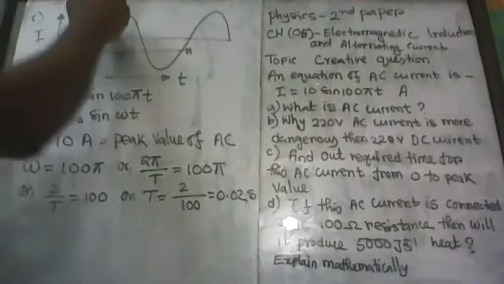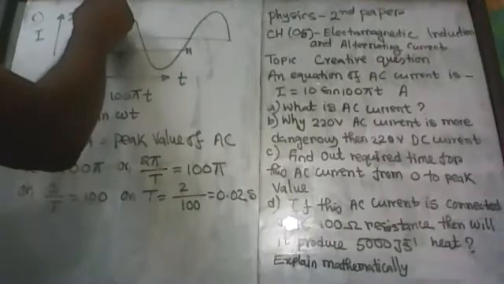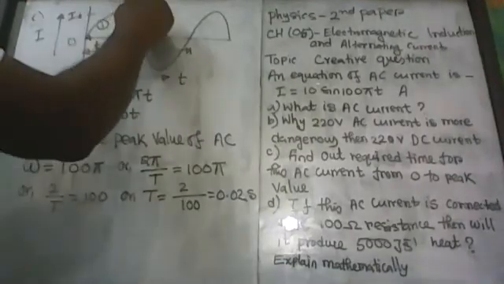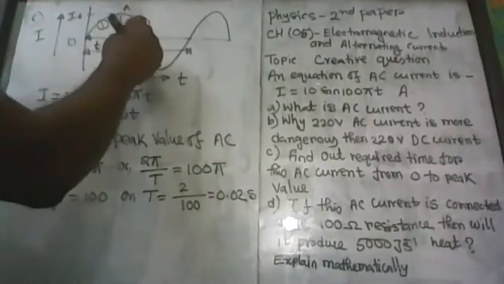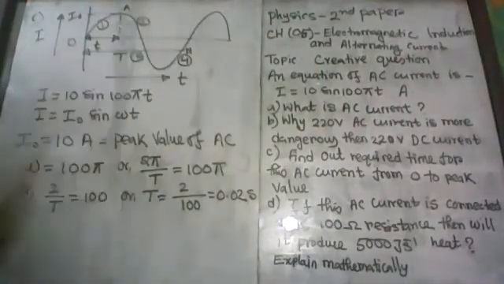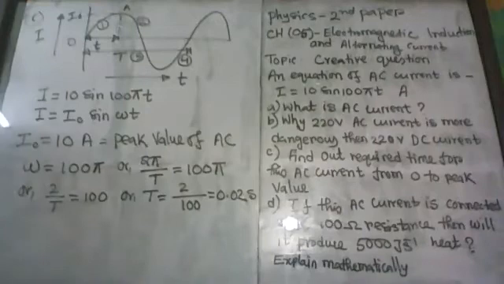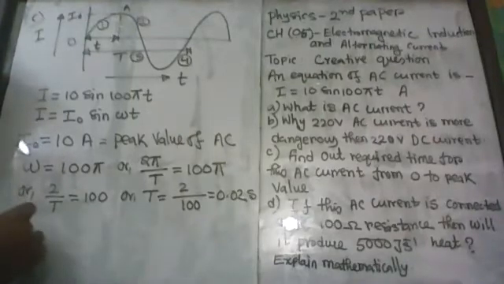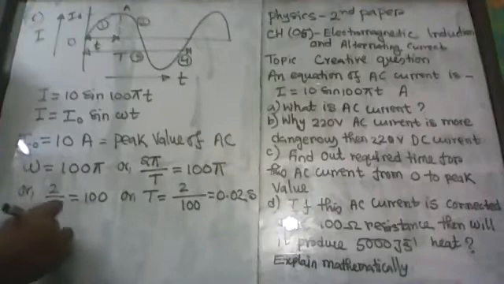One is here, another is here, another is here, and the last one is here. So the time period T will equal 4 into small t.